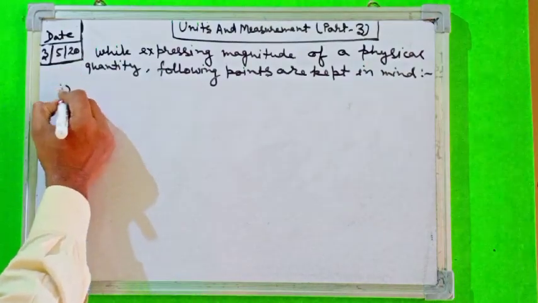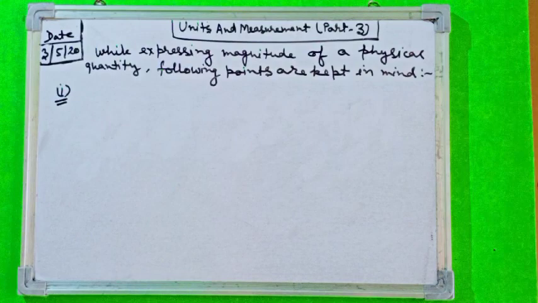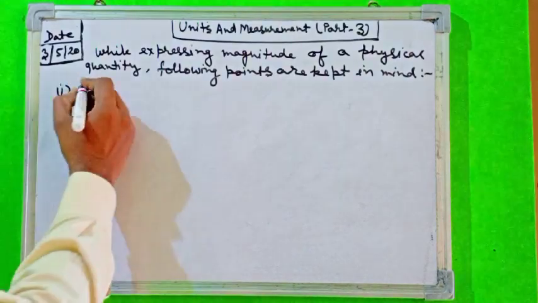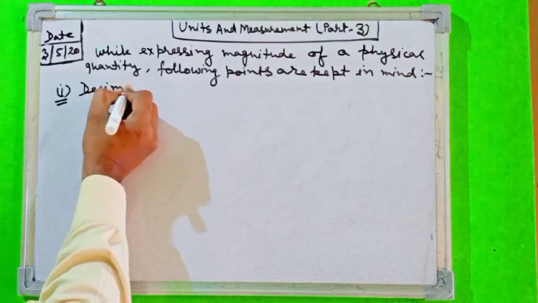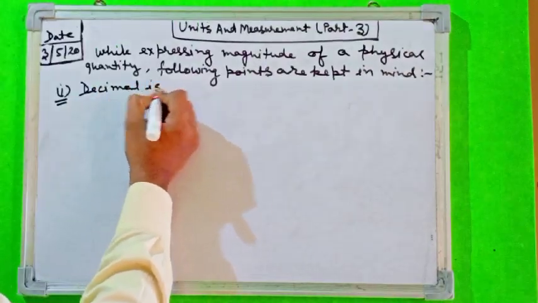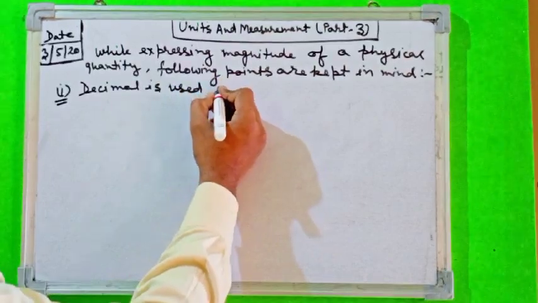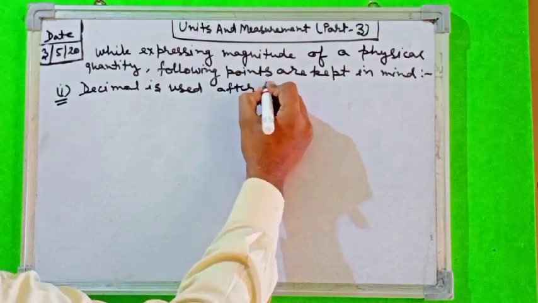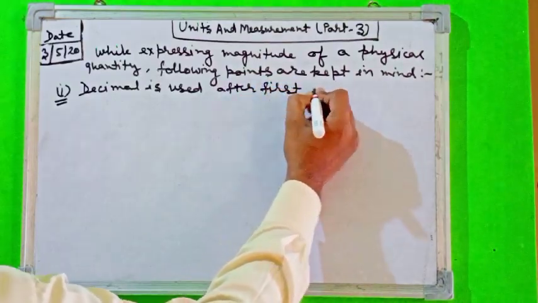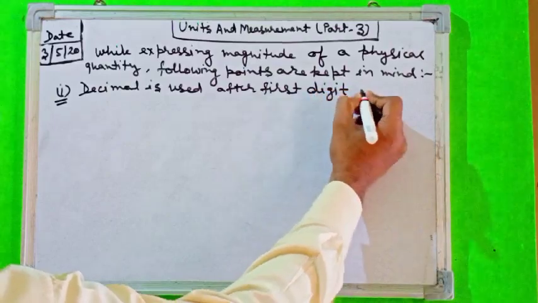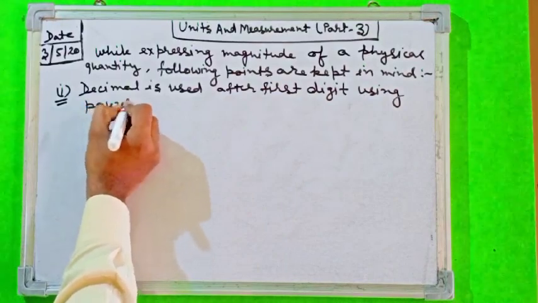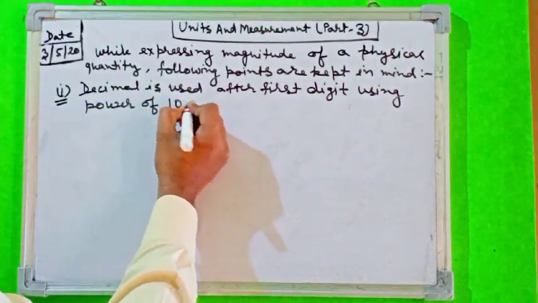So the first point is: a decimal is used after the first digit, using a power of 10.